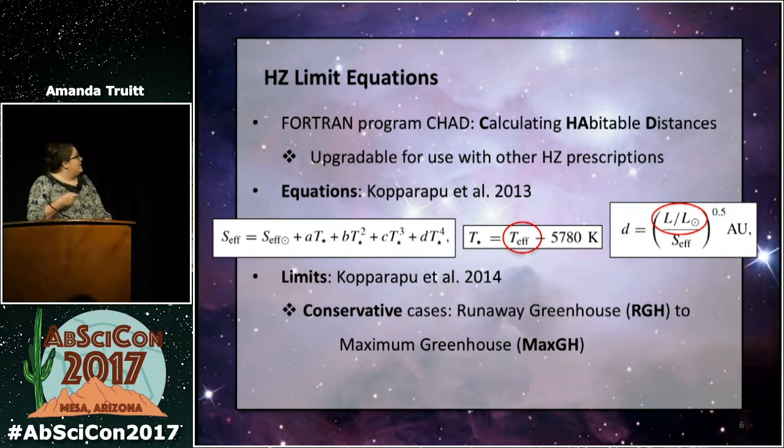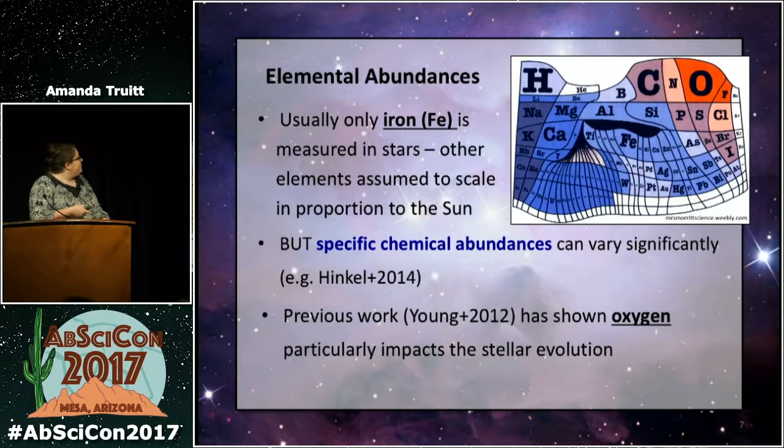The program that I wrote to do these radii calculations is easily upgradable for any particular habitable zone prescriptions that you want to use. But we chose the conservative cases from Kopparapu, which are the runaway greenhouse and the maximum greenhouse cases. That's total ocean evaporation on the inner edge, to the point at which Rayleigh scattering by CO2 starts to outweigh the greenhouse effect on the outer edge.